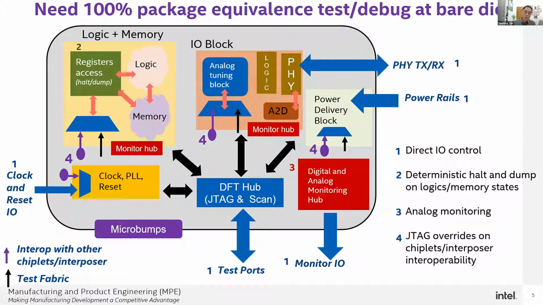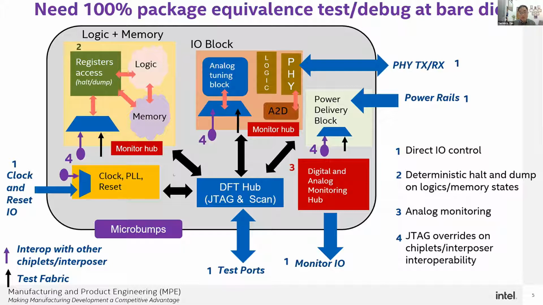In order to do so, we need to deterministically halt the chiplets when it's running and dump it out. Deterministically is the keyword, so that you're able to capture the right failure moment of interest.